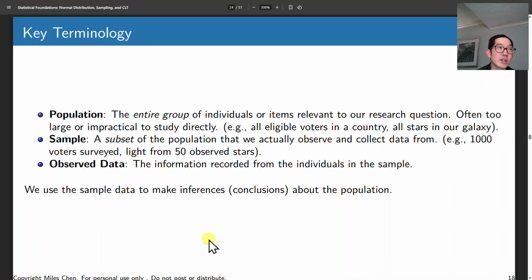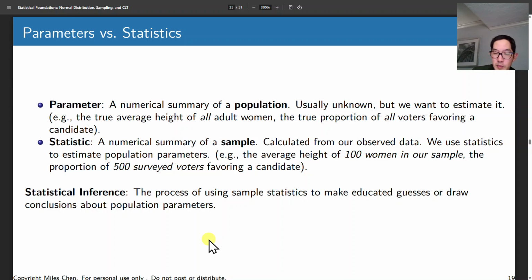And then what we do in statistics is we use the sample data to try to make inferences about the population. When we're describing the population, the numeric summaries that describe a population are known as parameters. If the population is all adult women, then the average height of all adult women would be a parameter.